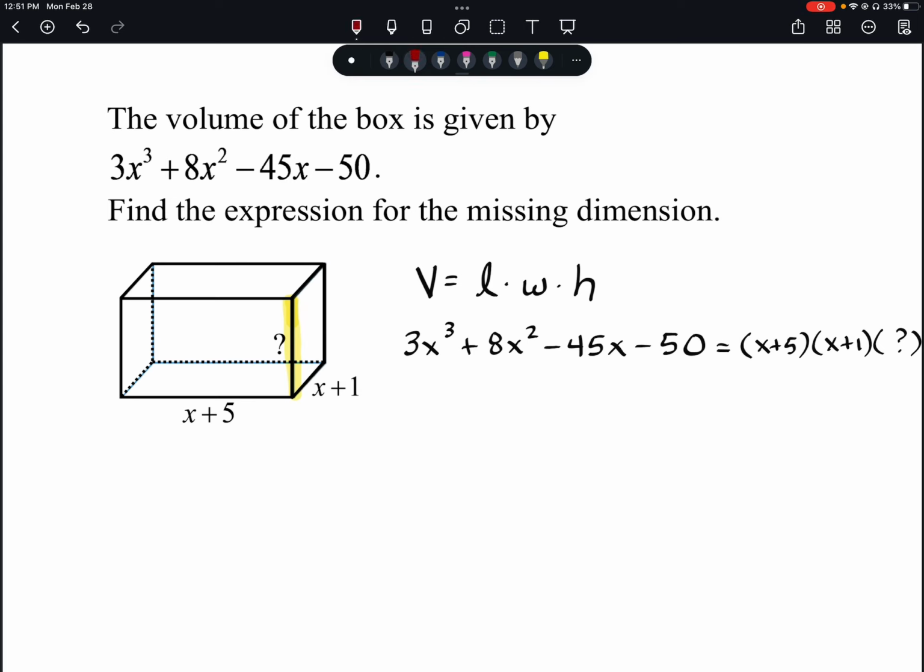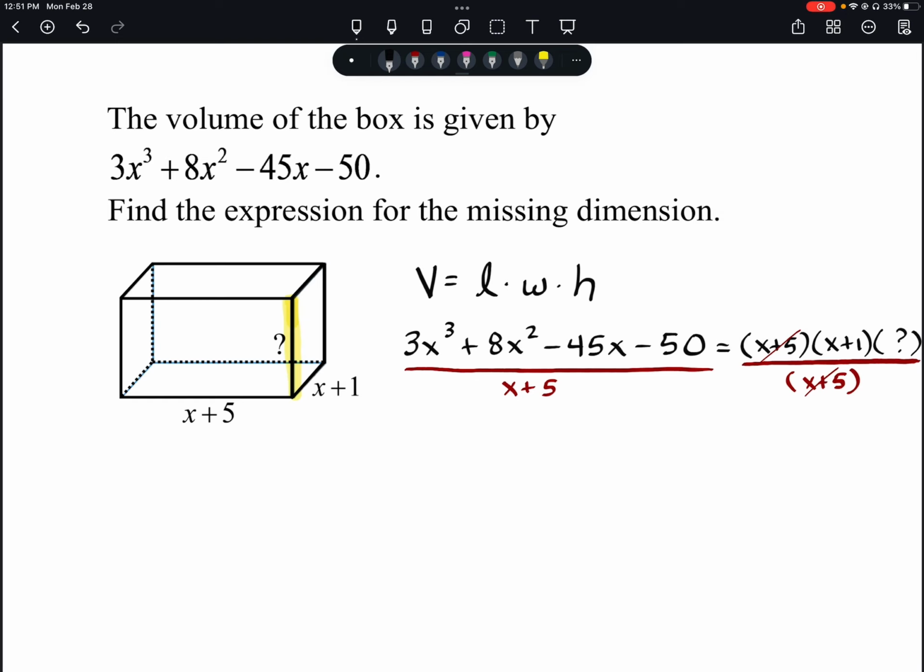So let's just take it. We could do this in a couple steps. Let's just go ahead here and lose this factor. We're going to divide this side by x plus 5, and then divide this side by x plus 5. So we could probably go ahead here and do our synthetic division with this one.